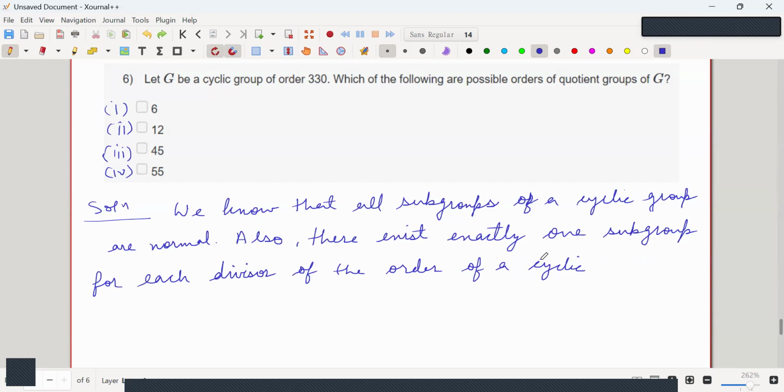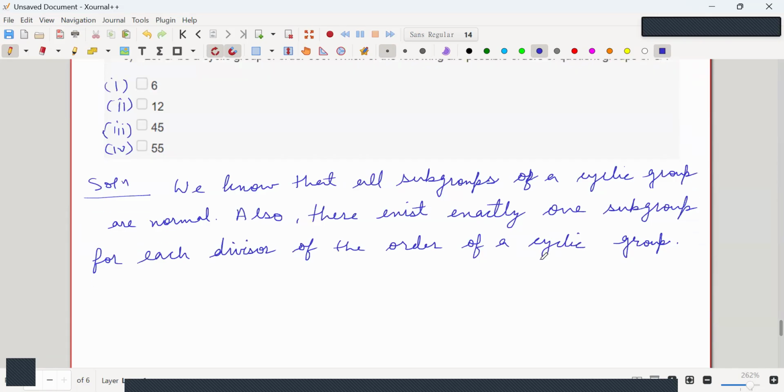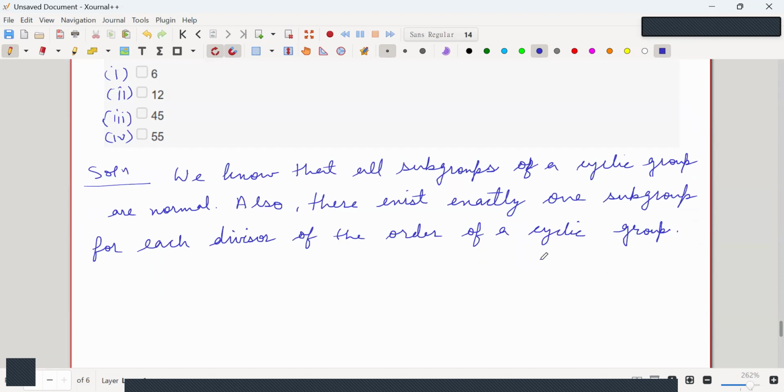Whatever cyclic group you have, take its order and corresponding to each divisor, you will get exactly one subgroup. And these are the only subgroups.